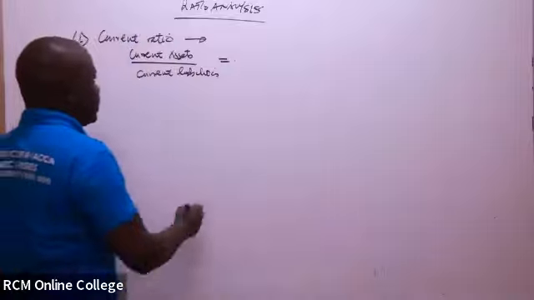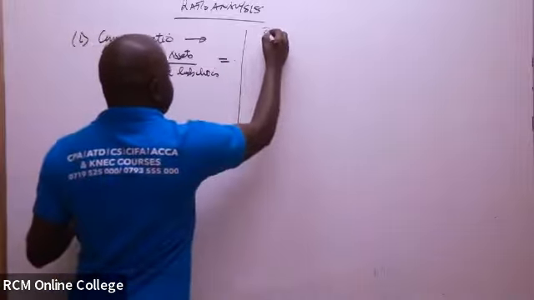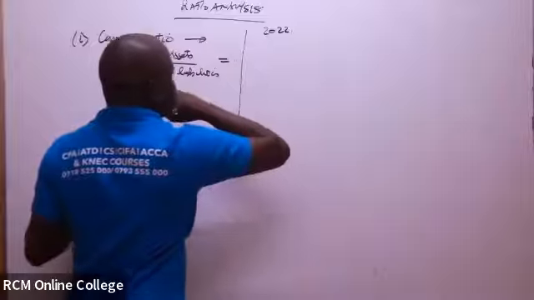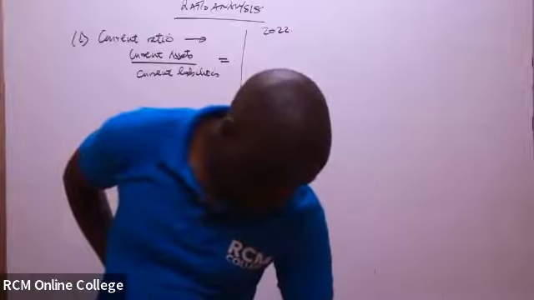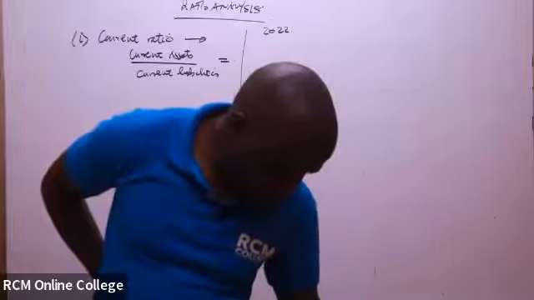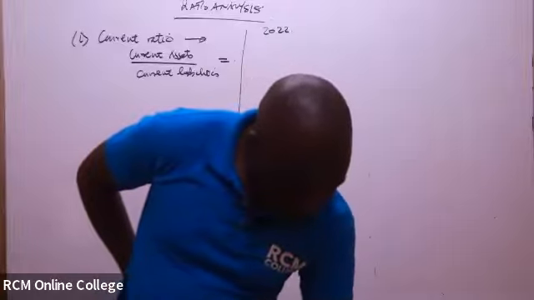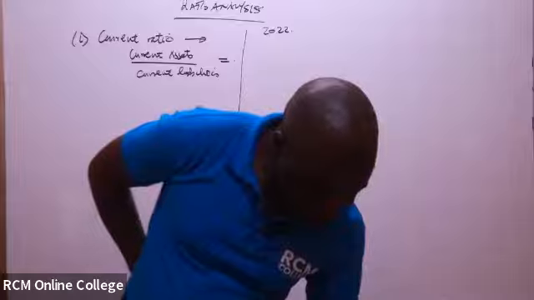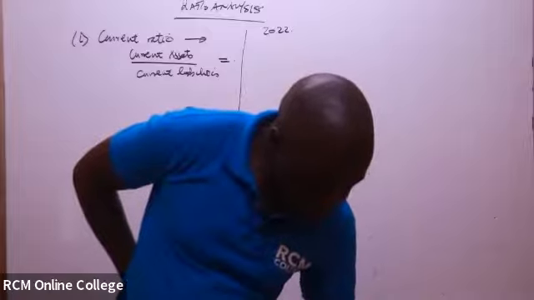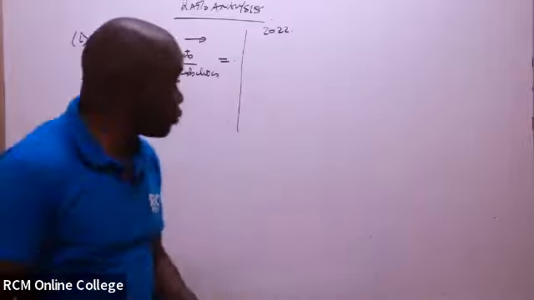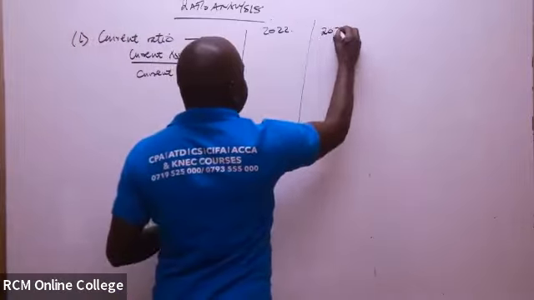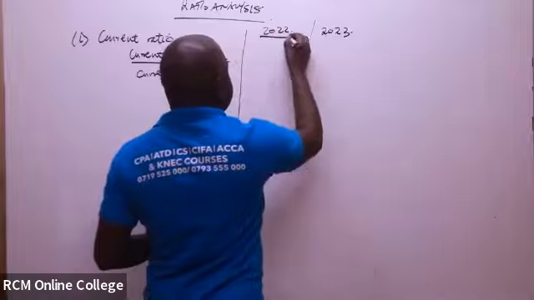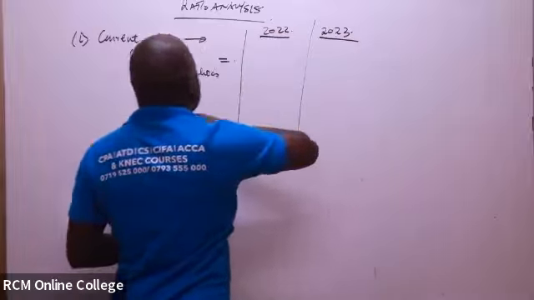So we can have 2022 and we have 2023. You've been told to compute the following ratios for the years ended 30th of September 2022 and 2023.